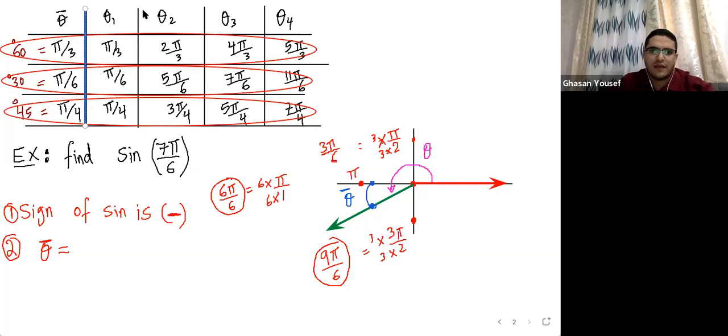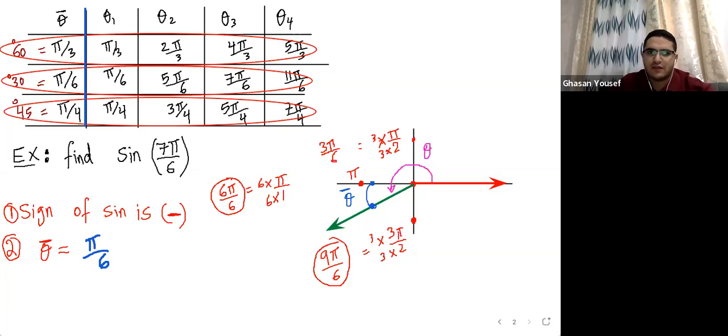Again, my angle is 7 pi over 6 in the third quadrant, so the reference angle is pi over 6. This is my reference angle.